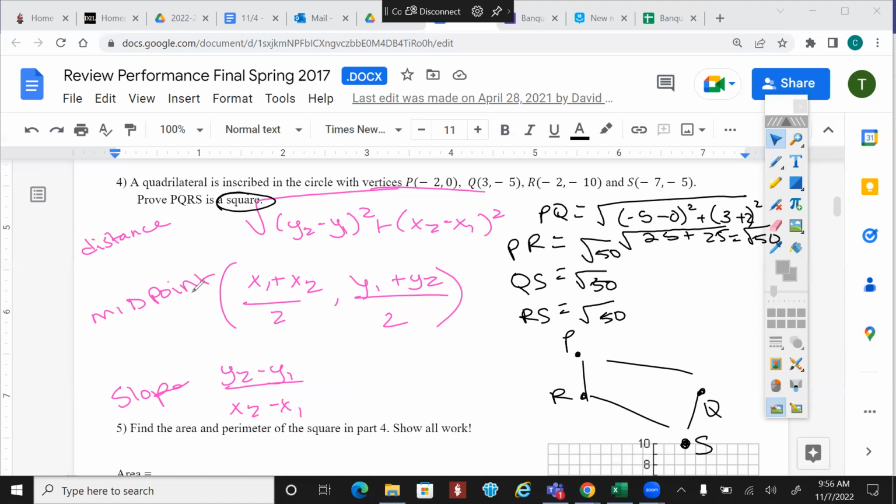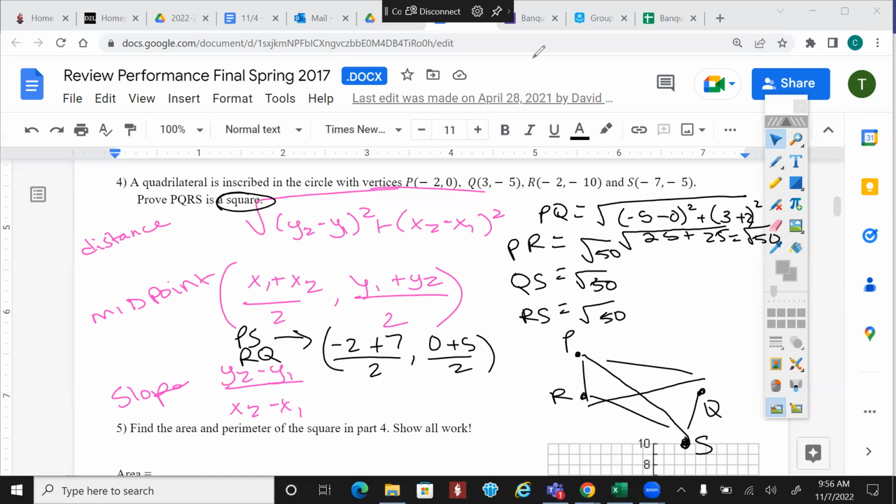Okay, for midpoint, you're going to do the diagonals. You're going to do PS and RQ. Okay, so when you do that, your midpoint should be... you haven't gotten that yet, right? Okay, so let's do PS really quick. So we do midpoint for this, that would be -2 minus -7 divided by 2, and 0 minus -5 divided by 2.